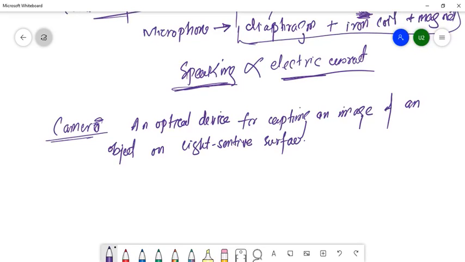It is in optical. Optical means related to light.